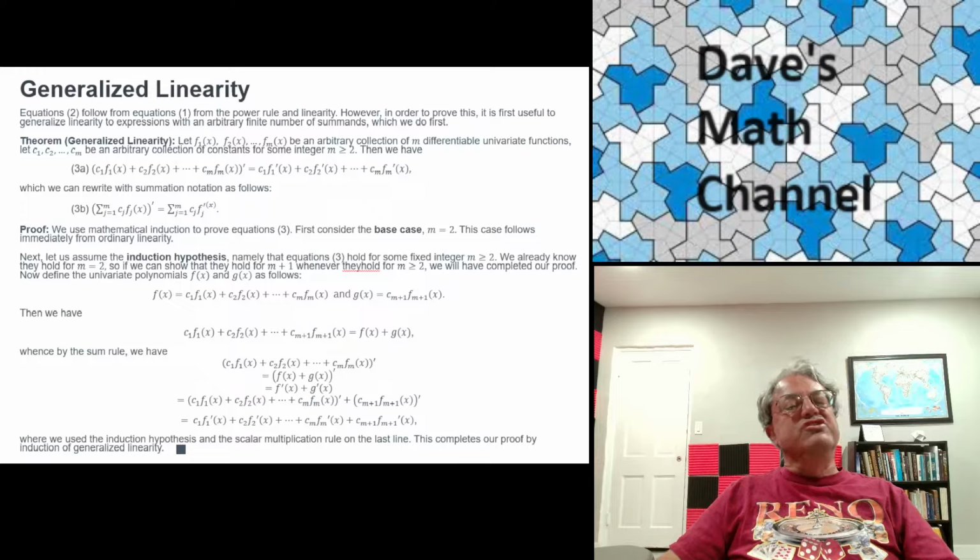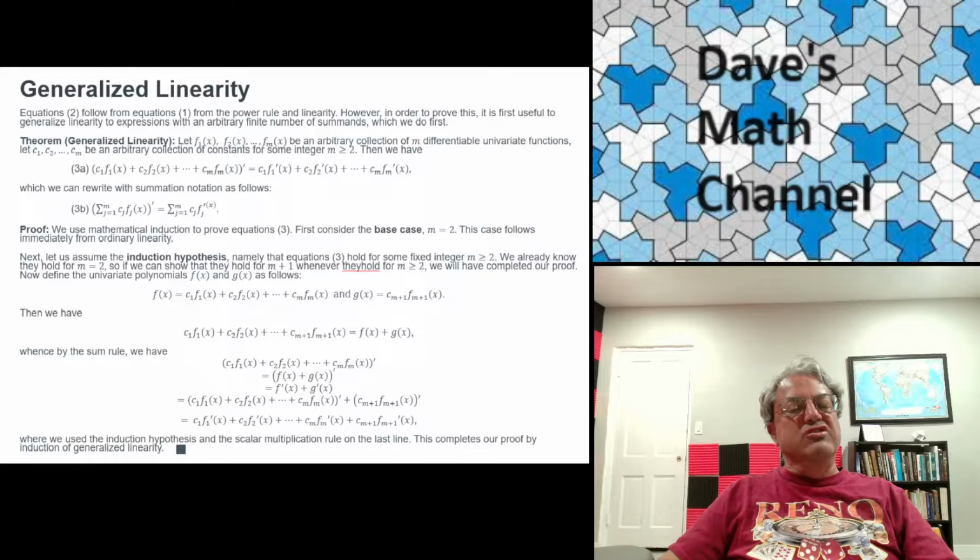So now we have two functions, and we can just apply the sum rule. What we're really trying to do is differentiate this entire sum, which is equal to the derivative of the sum of f of x and g of x. But we already know how to do that. We know the sum rule. It just says the derivative is f prime of x plus g prime of x.